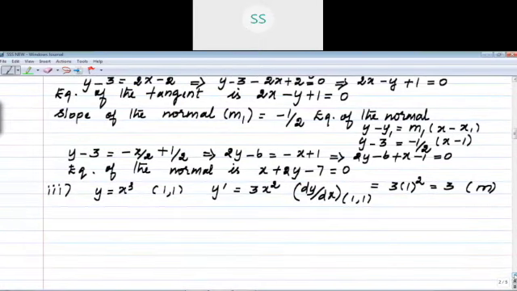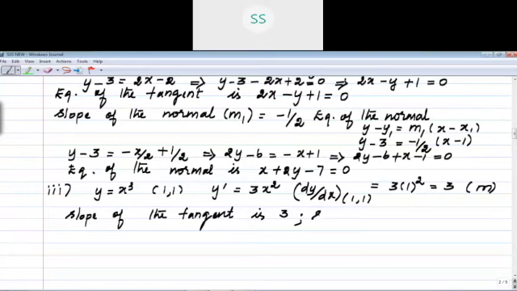Now, see here, slope of the tangent is 3, right? Slope of the tangent is 3, that is your m.